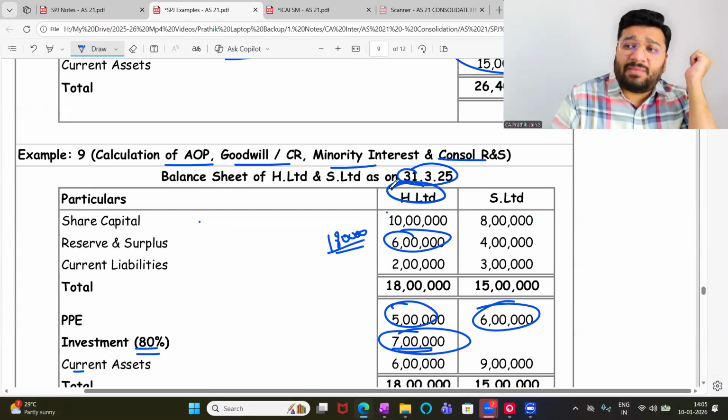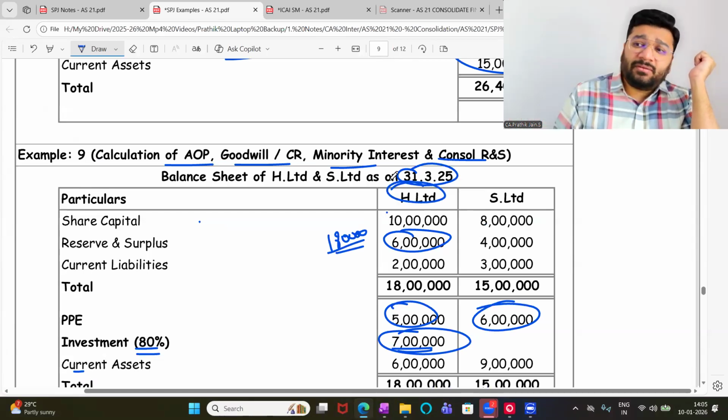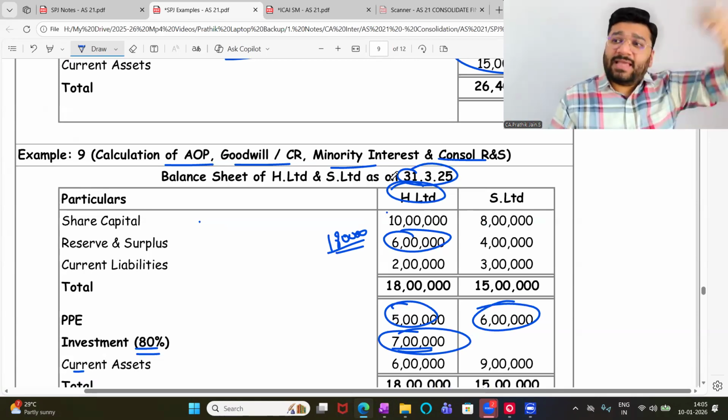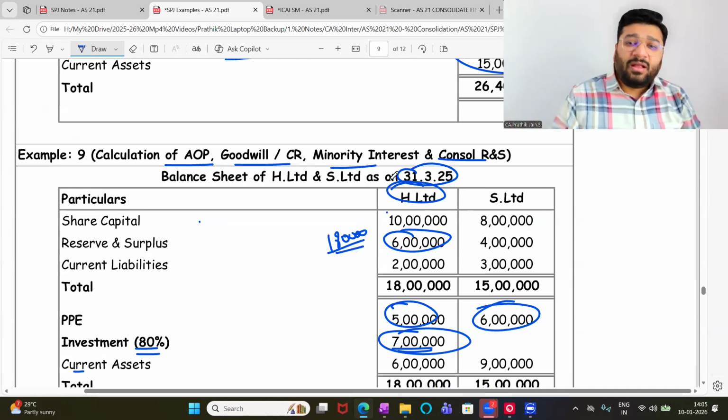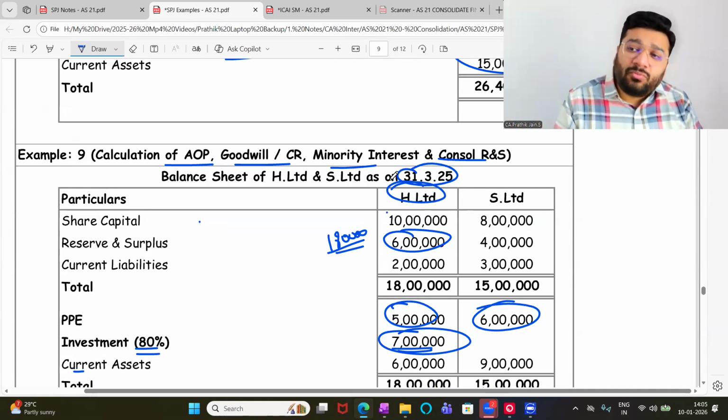This H Limited data is coming from the standalone balance sheet of H Limited. Standalone data is there in the accounts; consolidation data is there in the Excel sheet entry. Where are we passing it? In the standalone books.